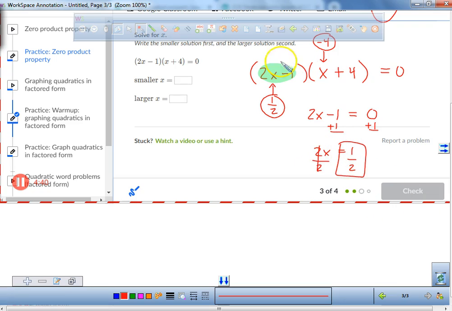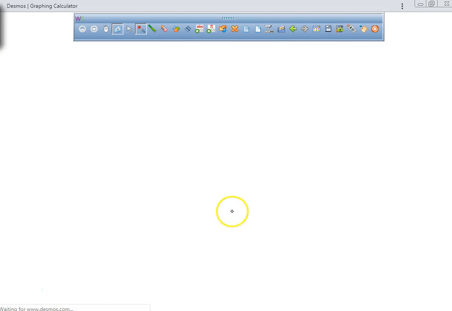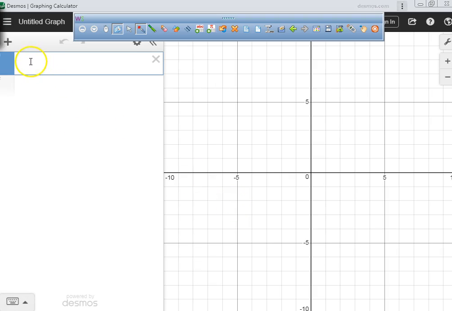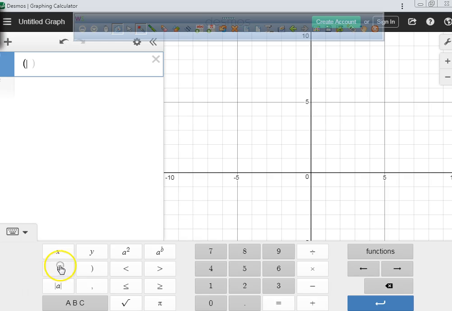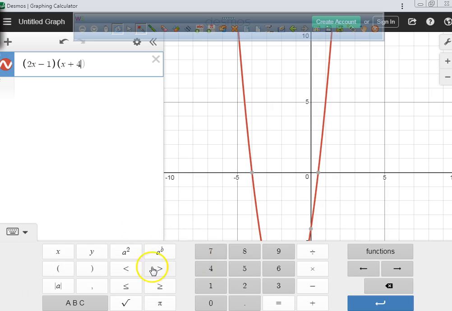A half. So let me explain how you could use Desmos to help you. Let's go to Desmos. I'm just going to type it in exactly as it appears: parentheses 2x minus 1, close parentheses, open parentheses x plus 4, close parentheses.